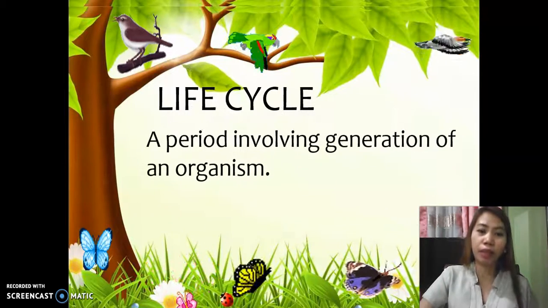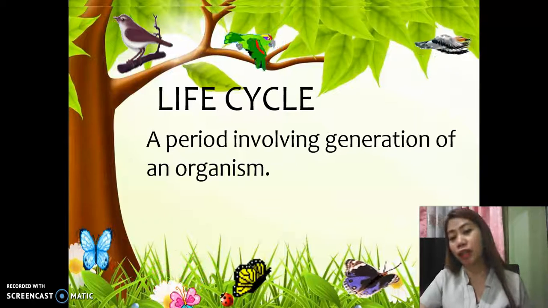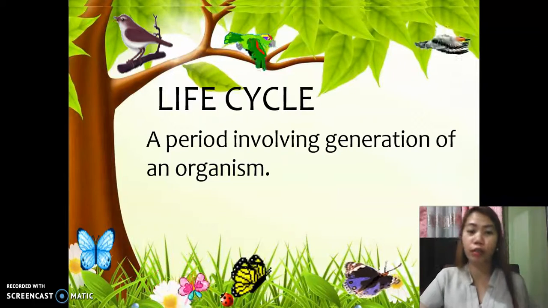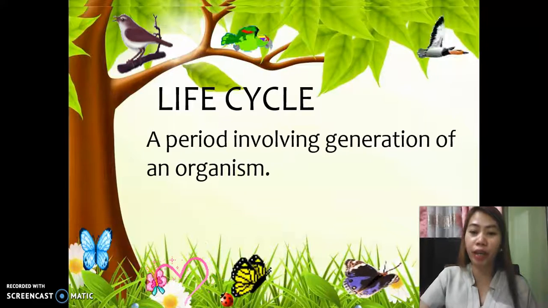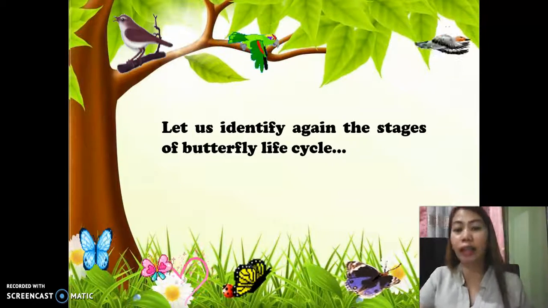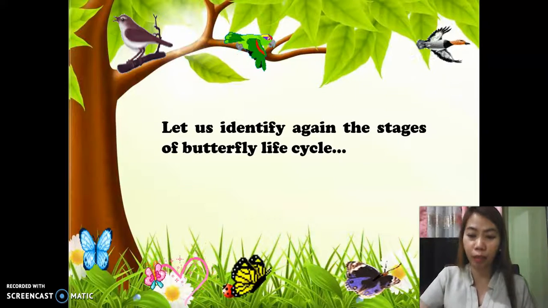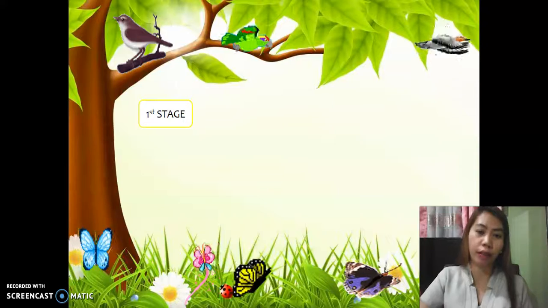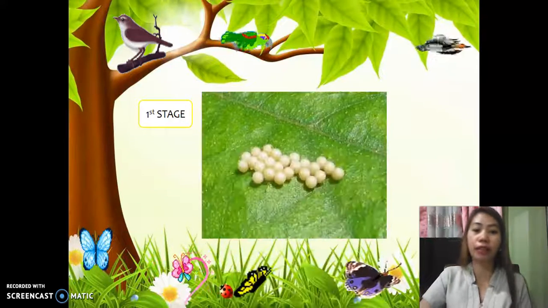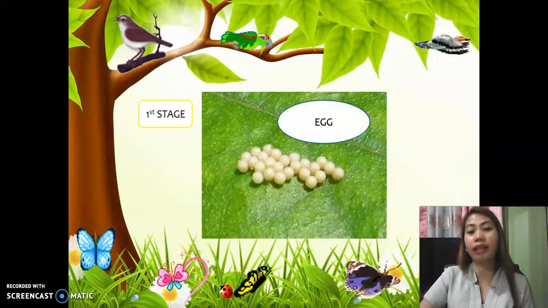So when we say life cycle, it is a period involving generations of an organism, right? So the life cycle of a butterfly is what we have discussed. Now let us again identify the stages of the life cycle of the butterfly. So for the first stage, as we discussed, this picture is an egg.